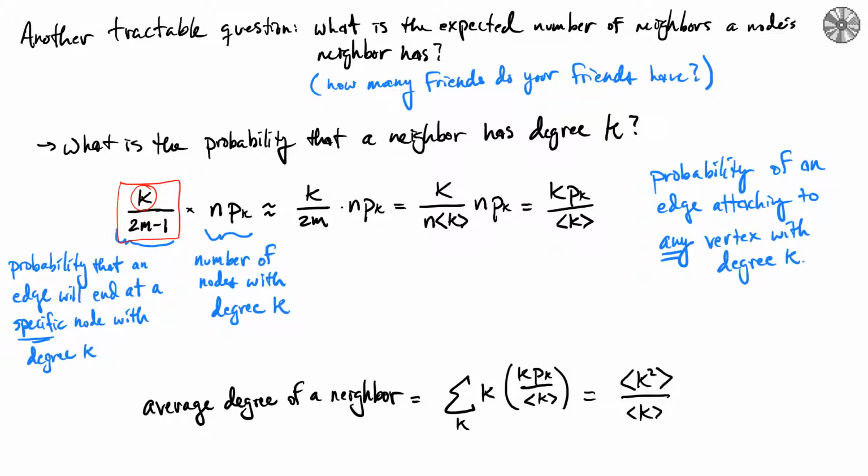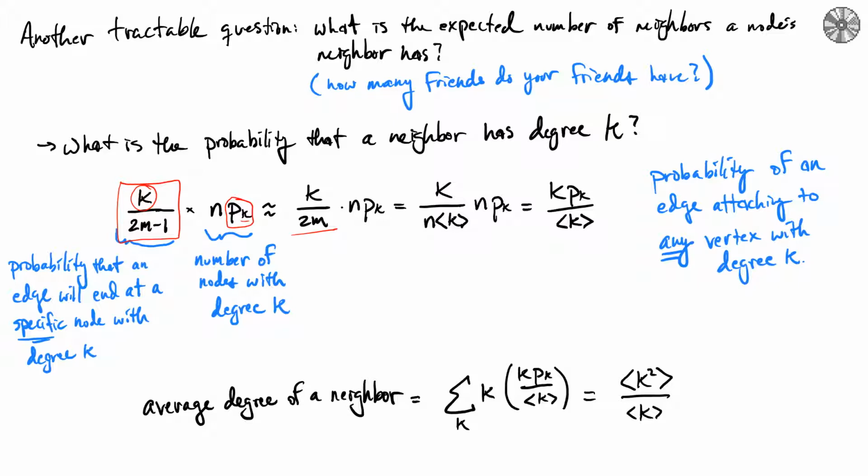So that's just k over essentially 2m. And that's the simplification we're going to make here. And then we're going to multiply that by the number of nodes with degree k. And the number of nodes with degree k is simply the probability degree distribution at k multiplied by the total number of nodes. And so that's going to tell me the probability of an edge attaching to any vertex with degree k.